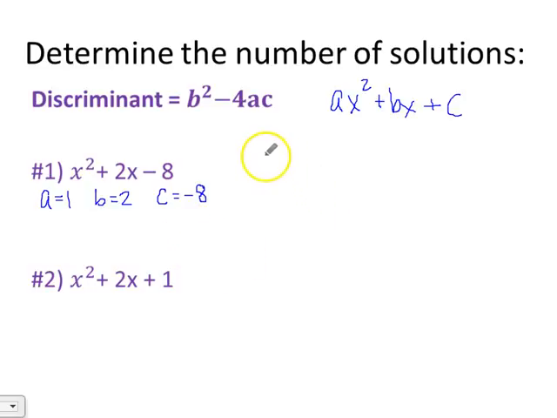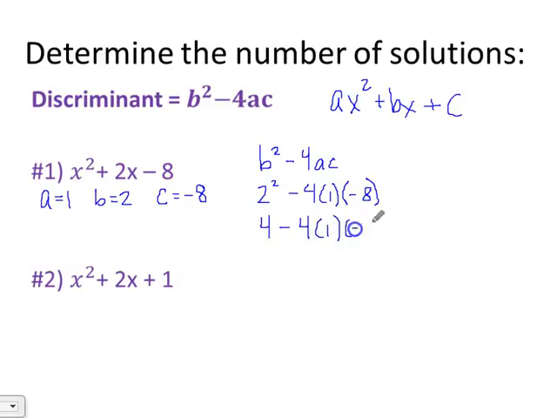So let's plug it in now to find the discriminant using b squared minus 4ac. So b squared, we're going to take 2 and square it, minus 4. We know a is 1, and c is negative 8. So now we're just doing the math. 2 squared is 4, minus 4 times 1 times negative 8.